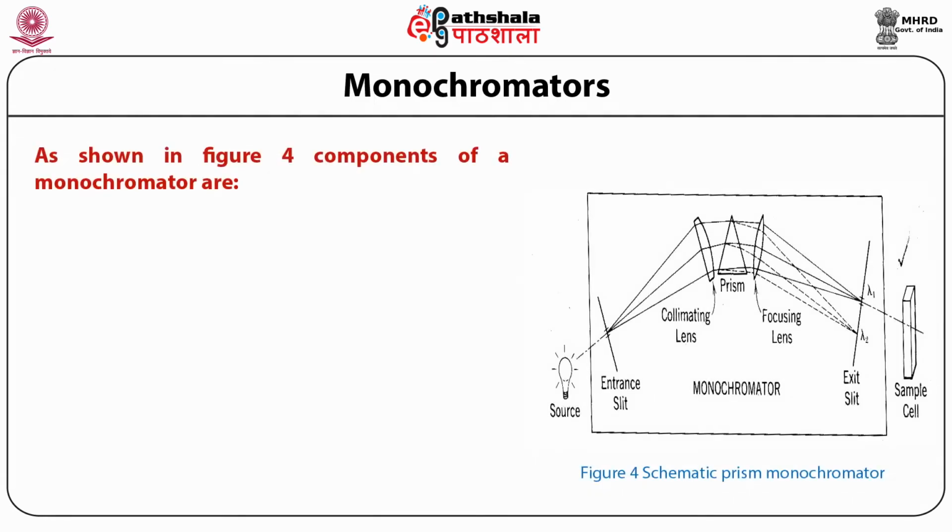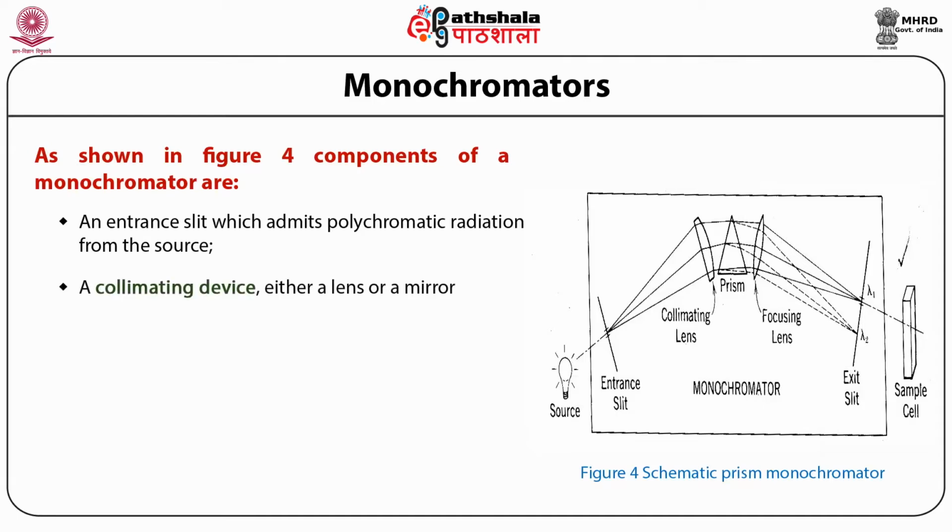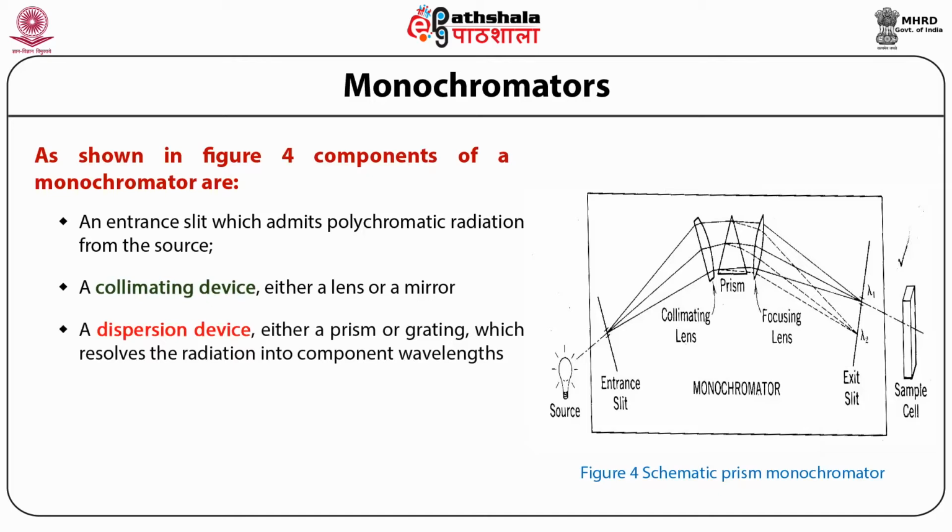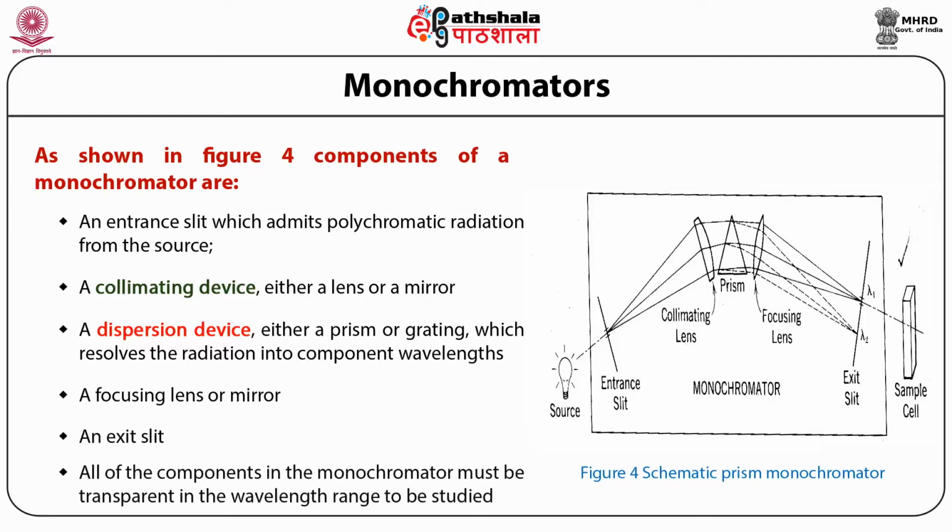As shown in the next figure, that is figure 4, the components of a monochromator are an entrance slit which admits polychromatic radiation from the source, a collimating device, either a lens or a mirror, a dispersing device, either a prism or grating, which resolves the radiation into component wavelengths, a focusing lens or mirror, and an exit slit. All of the components in the monochromator must be transparent in the wavelength to be studied.